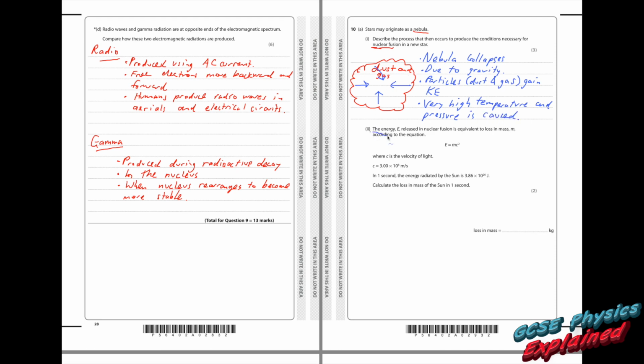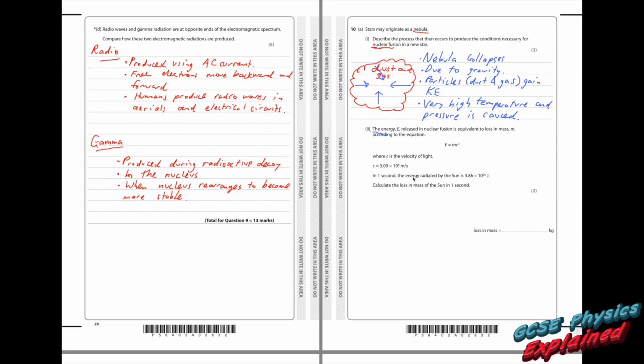Part 2. The energy E released in nuclear fusion is equivalent to loss of mass m according to the equation E equals mc squared. This is just one of those questions where they give you an equation and you've got to rearrange it. C is the velocity of light, that's the value of it.